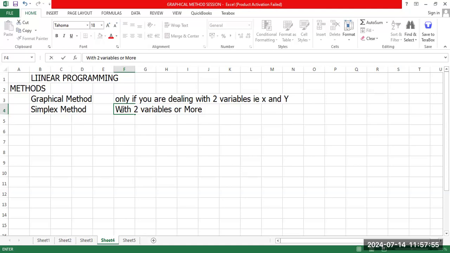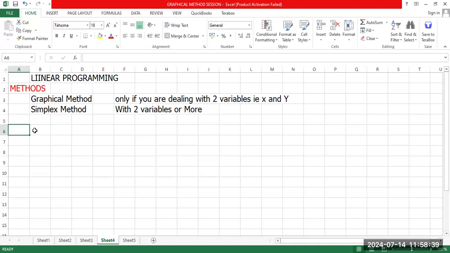If you're dealing with more than two variables, for example three variables, automatically you must use the simplex method. However, even if you have two variables, the simplex method can also be applied. So that is the first thing you need to know: we are focusing on two methods, graphical and simplex. Graphical, only two variables. Simplex can be two variables or more.